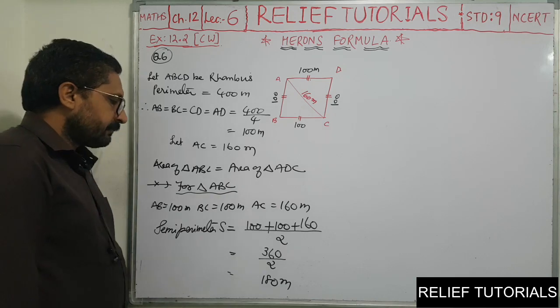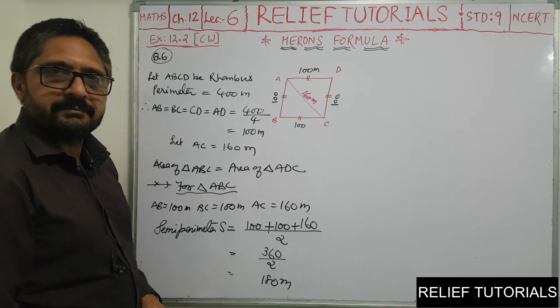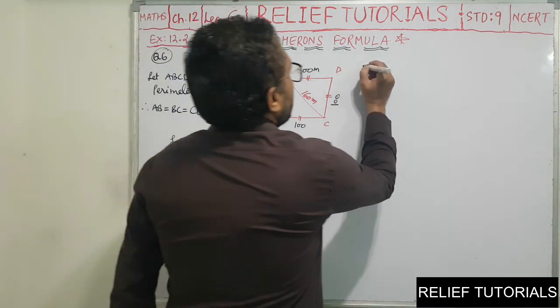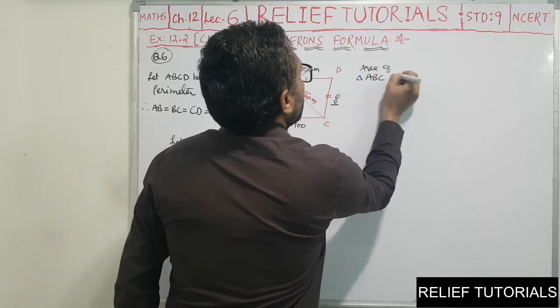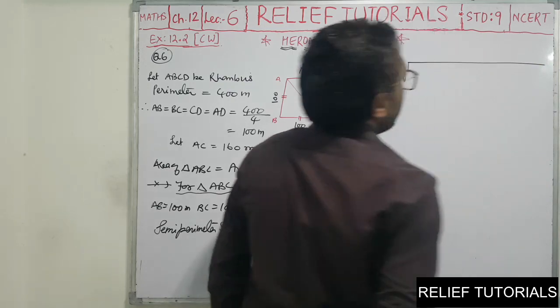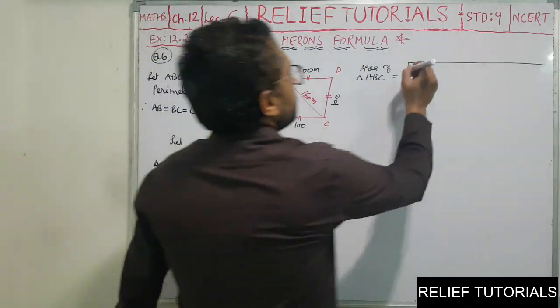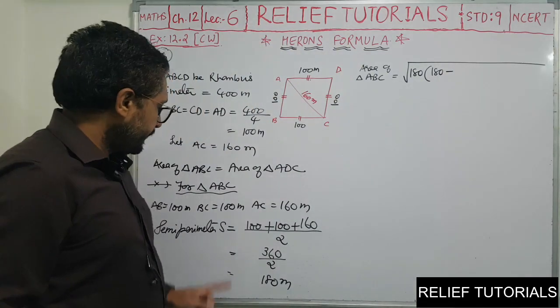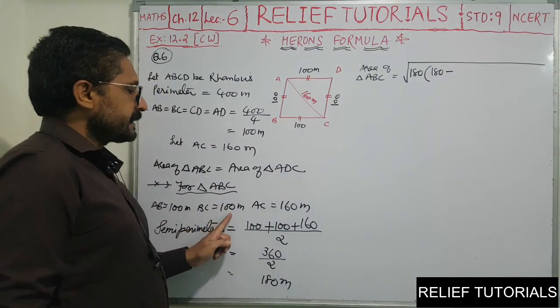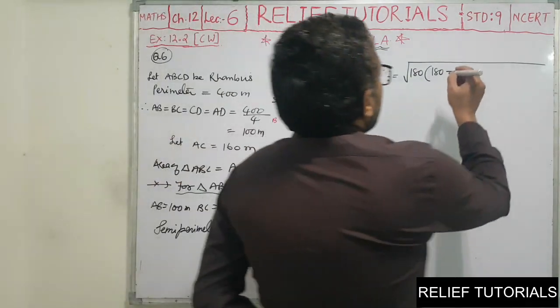Now we will find the area of triangle ABC, which is equal to root of S into S minus A, S minus B, S minus C. S is 180, A is 100, B is 100, C is 160.